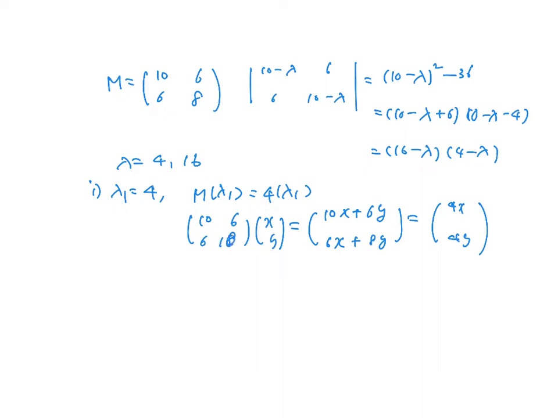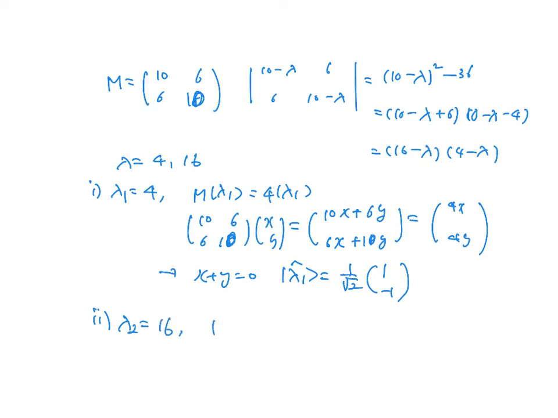So x plus y is 0. So we can set the eigenvector for lambda 1 as 1 over square root of 2 times (1, minus 1), right? And lambda 2 is 16.